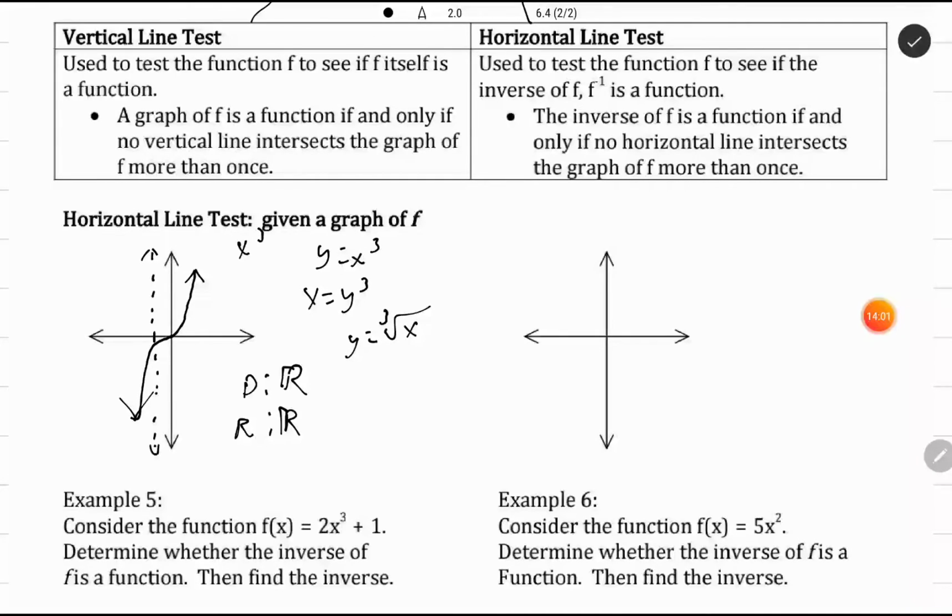But if we wanted to see if the inverse is also a function, we just draw a horizontal line test anywhere, and you only get 1 point. Even there, where it looks horizontal, it is horizontal only at 1 point, which is 0. So it only intersects the graph once. So this one's a yes. Inverse is a function.